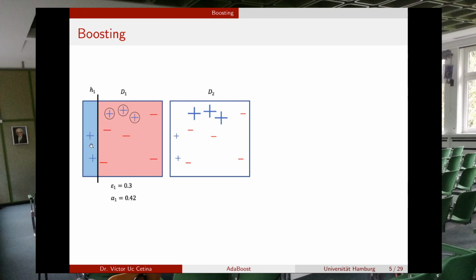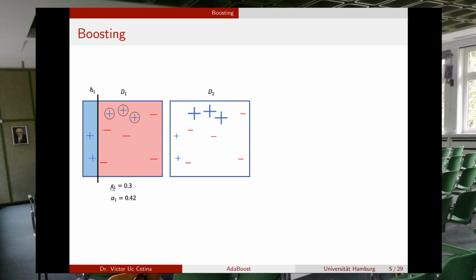So these 2 points will be correctly classified, and everything to the right of H1 is going to be a negative example. So our 5 negative examples will be correctly classified by this hypothesis for this first weak learner. Okay, but we will have 3 misclassifications. These 3 examples are positive, but our rule is telling us that they are going to be classified as negative. So we have 3 mistakes here.